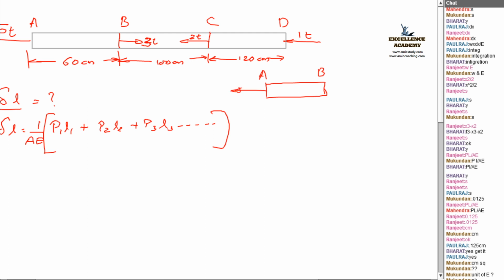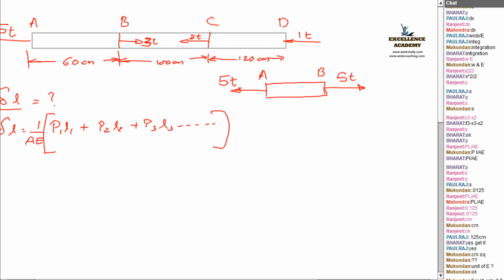The 5 ton is acting in this direction. And what type of force is this one? This is tensile. Am I right? I am going to take the tensile forces by means of positive sign.